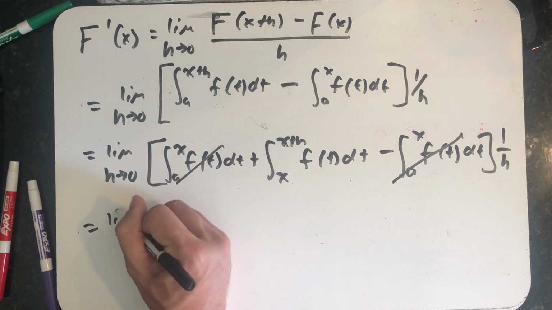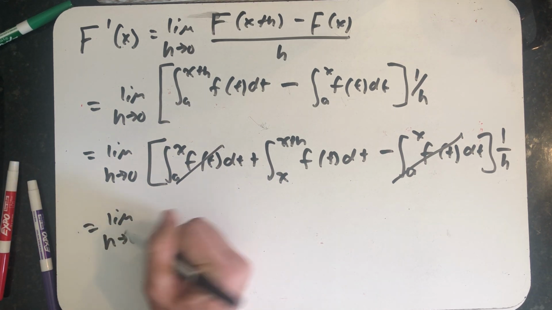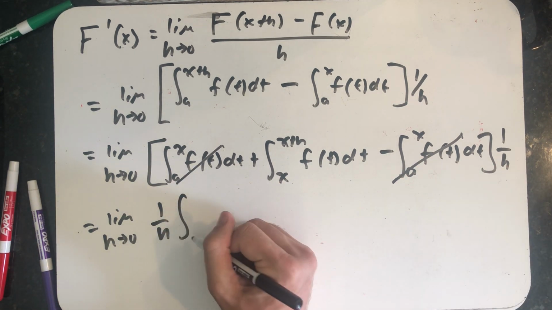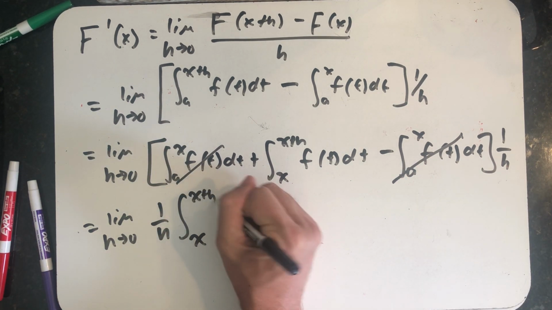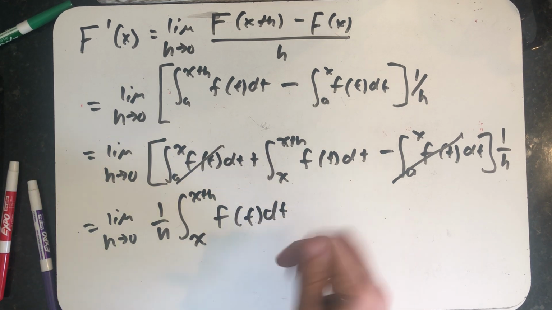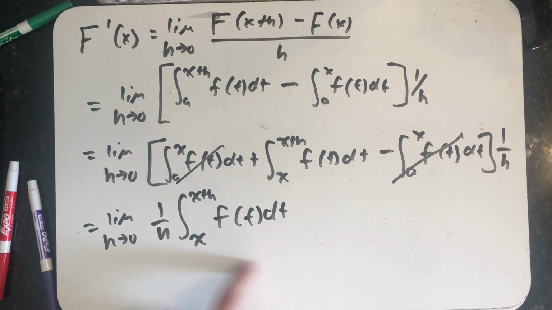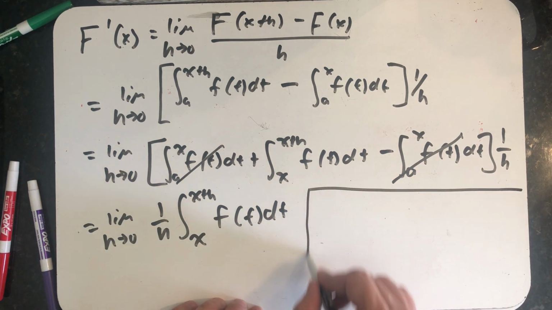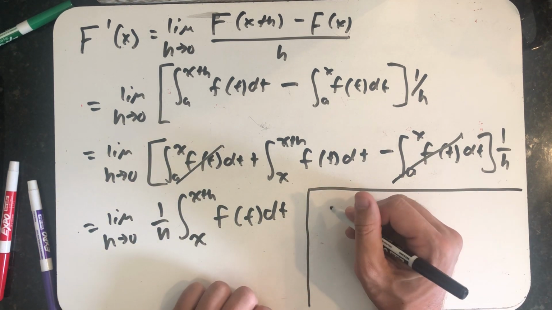But now I have a much easier statement to understand. I have 1 over h times the definite integral from x to x plus h of f of t dt. And I want to think about this statement. I know f is a continuous function. I was told that in the hypotheses of the theorem.